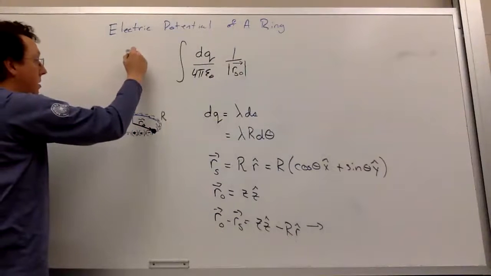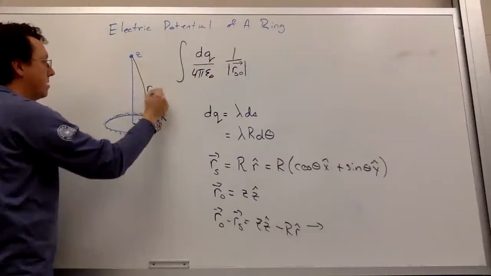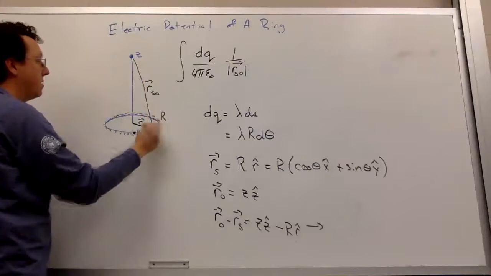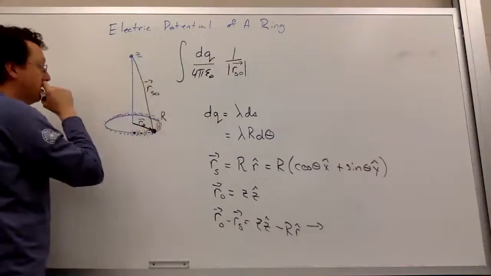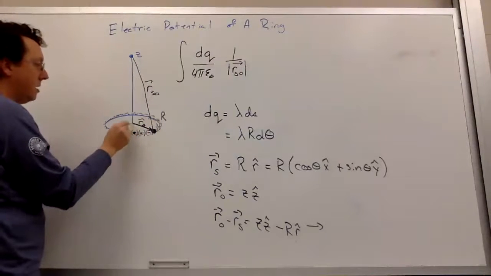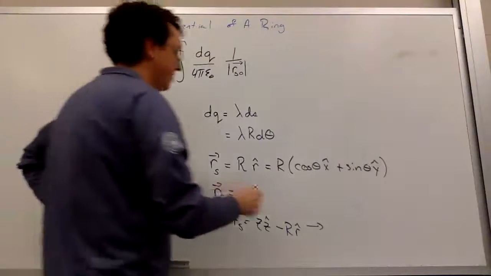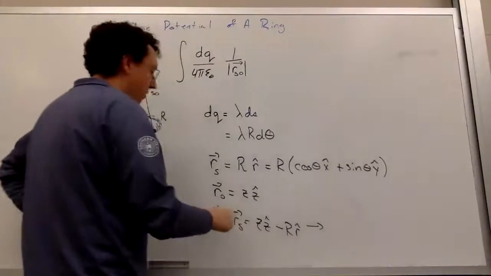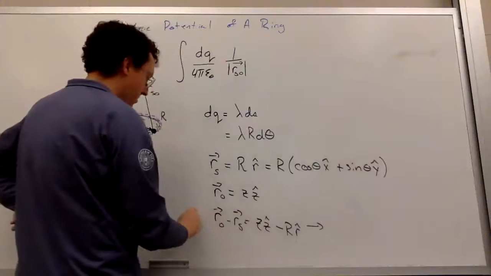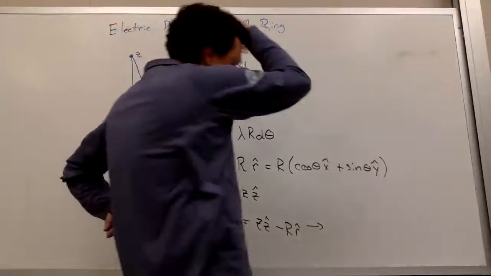Okay, and I can tell, really I can even just tell from this picture, that the magnitude of RSO, which points from S to RO, to the observation point, is simply going to be the square root of R squared plus Z squared. Or you can take the dot product of RSO with itself and work out the magnitude.